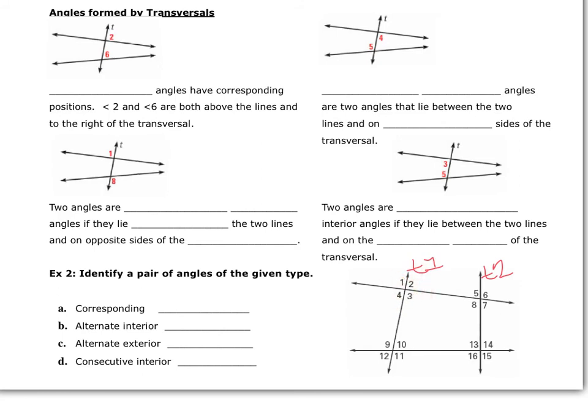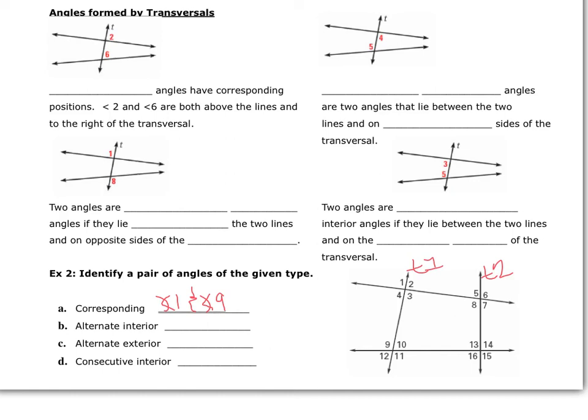Basically we have 4, 8, 12, 16 different angles in this diagram. If I'm at 1 of this intersection, I'm in the upper left. If I go down to this intersection and want to stay in the upper left, I'm going to hit number 9. So corresponding angles are angle 1 and angle 9.